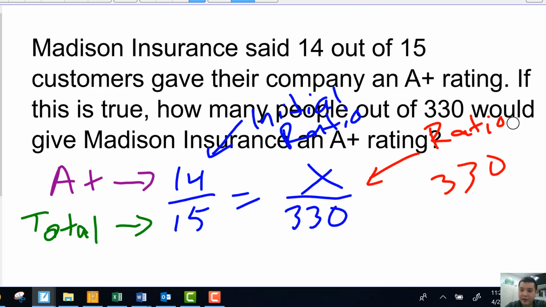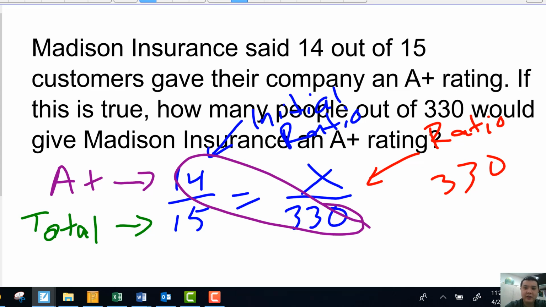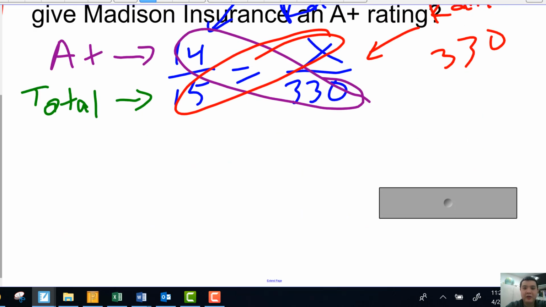Okay. Again, to solve for x, we would do cross products. So, multiplying the extremes by the means. When we do that, we get 14 times 330, 4,620. And then 15x is the other side.